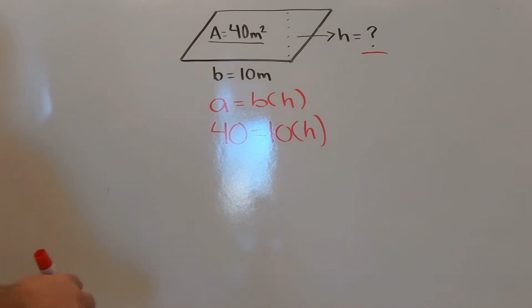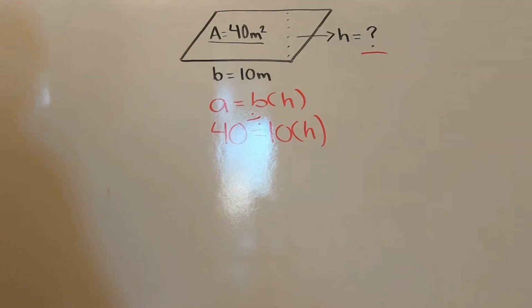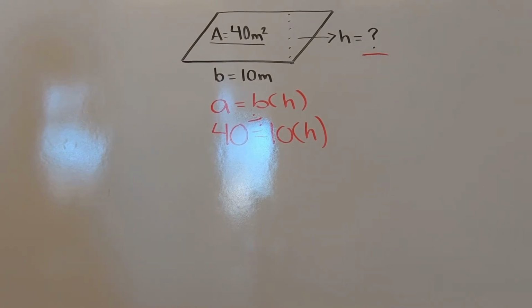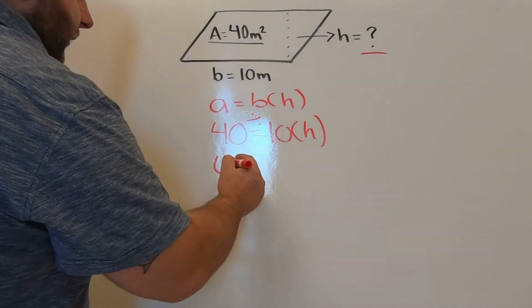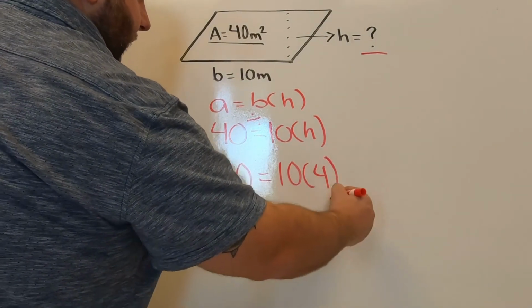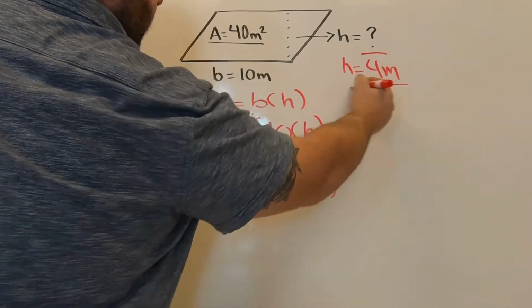Another way to do that is 40 divided by 10 will also give you the same answer. So you think to yourself, well, 1 times 10 is 10, 2 times 10 is 20, 3 times 10 is 30, so it must be 4. So 40 equals 10 times 4, which means the height equals 4 meters.